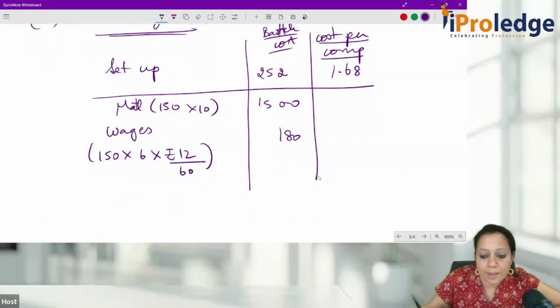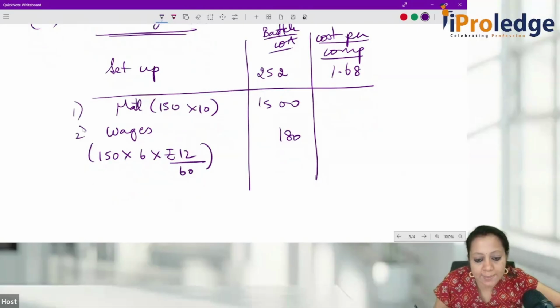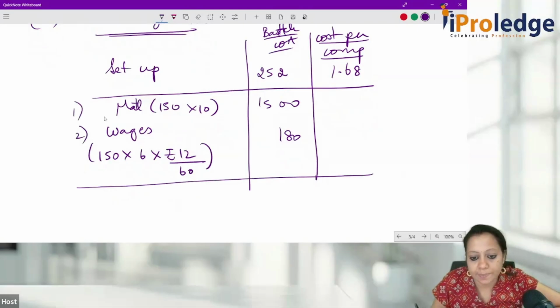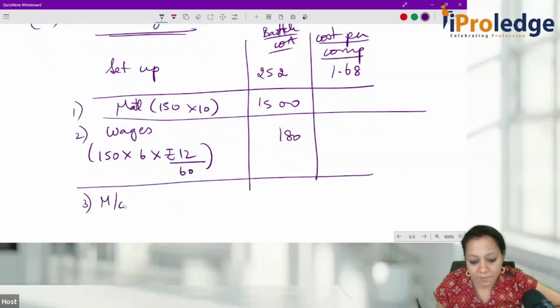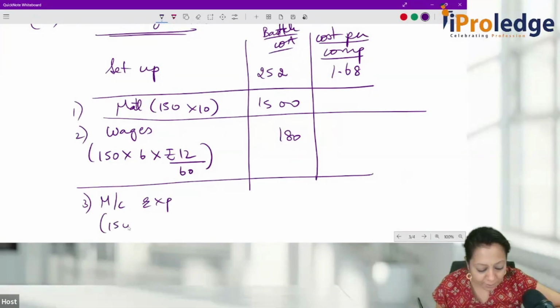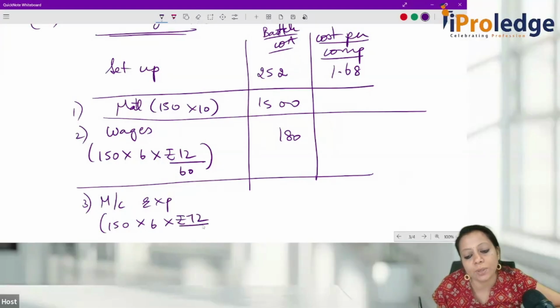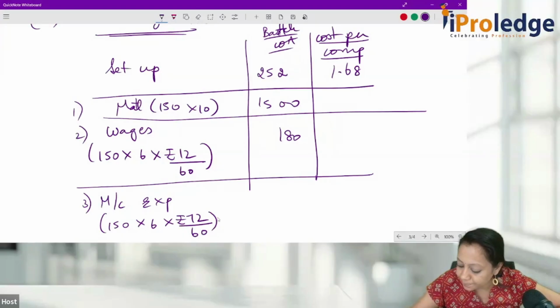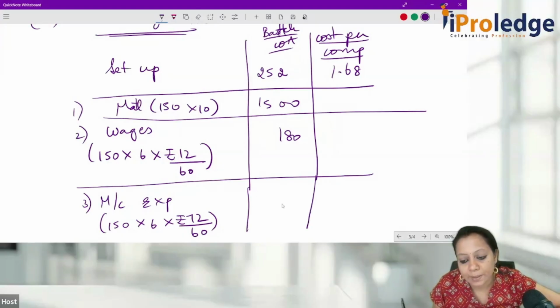Then machine expenses. That is going to be 150 into 6 into rupees 72 divided by 60. Very similar to what we have done. Yes, dear, 1080.